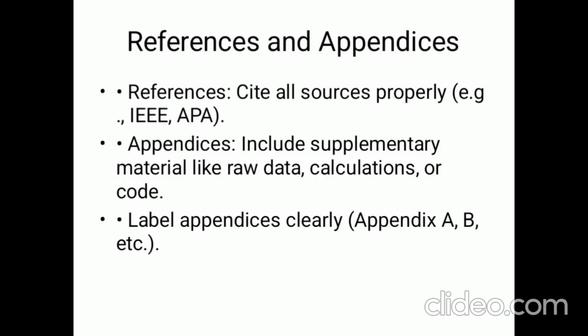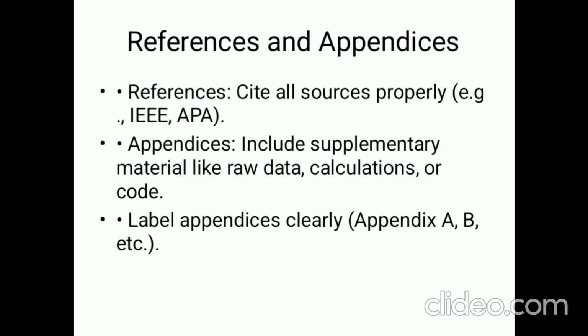Now let us come to the references and appendices portion. The references section lists all sources that you have consulted, such as books, research papers, websites, or manuals. You must use a consistent citation style such as IEEE or APA.